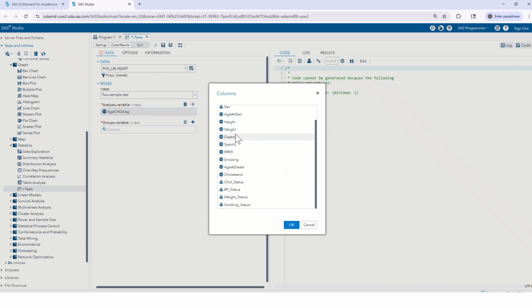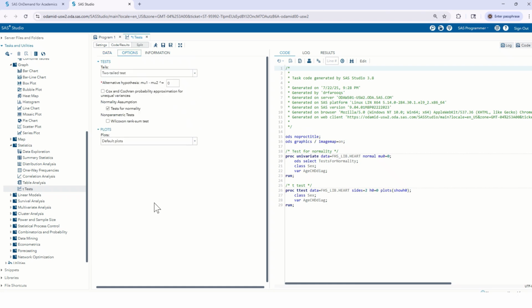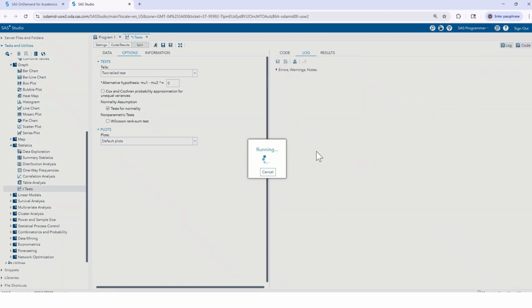In the options tab, I'm going to keep all the default options, except I'm going to change it to plots. Okay, let's run the test and see the results.